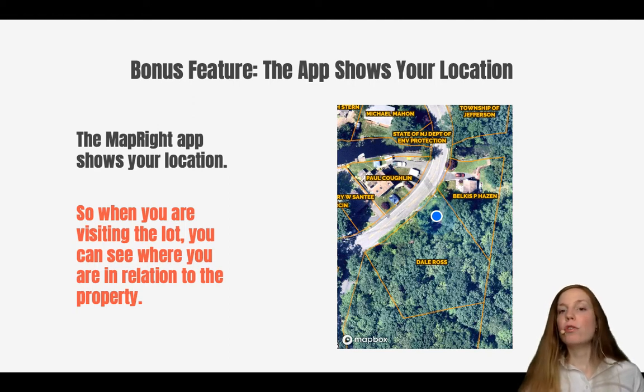But what it can also do is help you figure out where the boundary lines are. As you're walking around, you can keep an eye on your location in relation to the boundary line, and then you can get a good sense of where the limits of your property actually are. Pretty cool, right? So we love this program. It was a game changer for us.